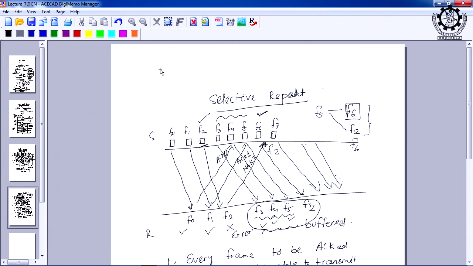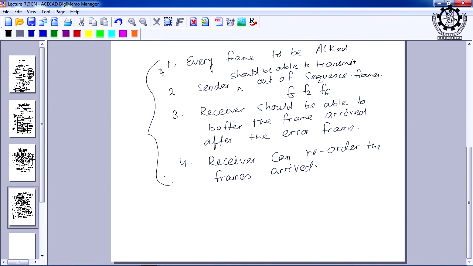But to have this protocol implemented, you should have these many provisions. Every frame needs to be acknowledged, maybe positive, maybe negative. On the sender side there should be a complex algorithm, so that any frame which has an error can be transmitted out of sequence.